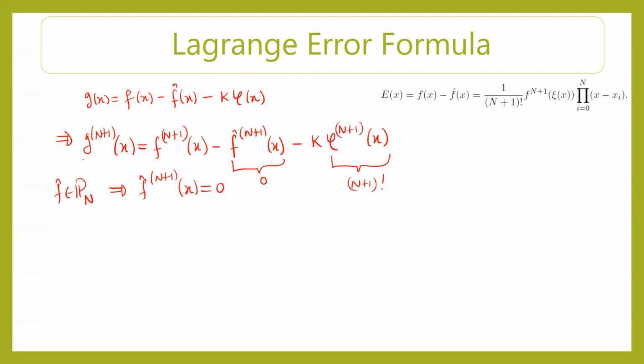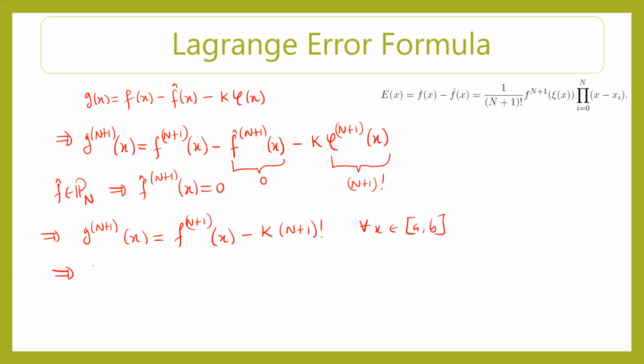And we've shown that at the end of the day, G^(n+1)(x) is F^(n+1)(x) minus k times (n+1) factorial. This means that at point x, this is for all x in [a,b], okay?